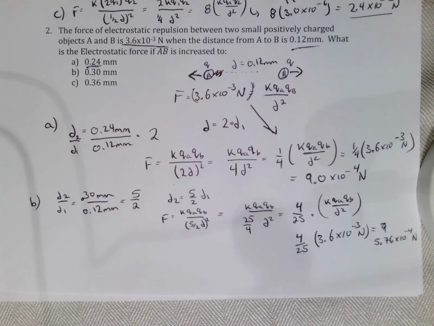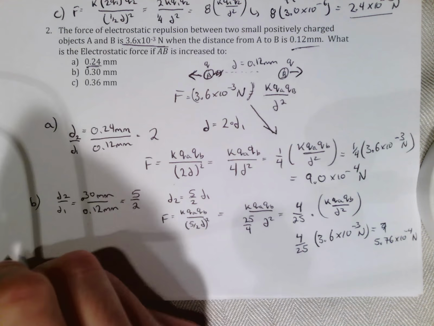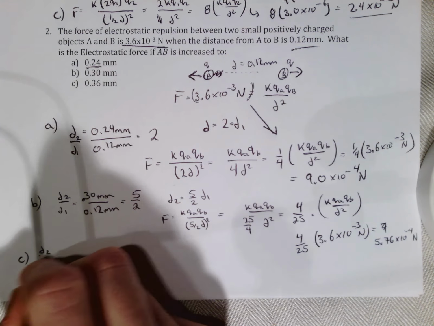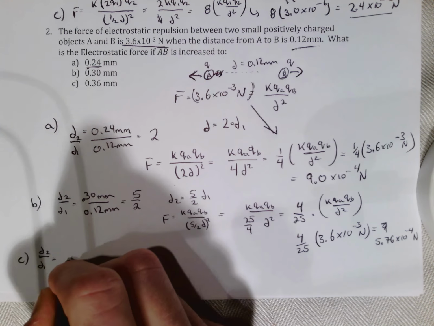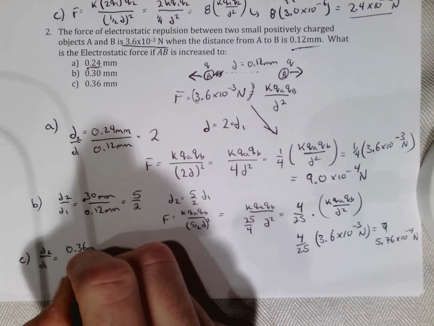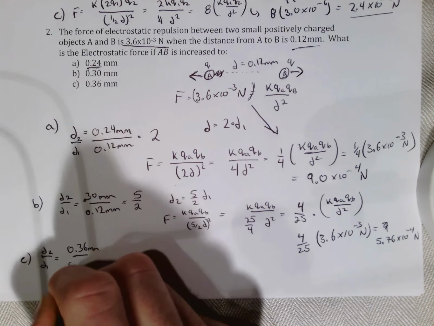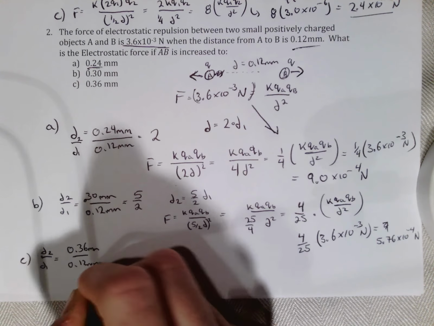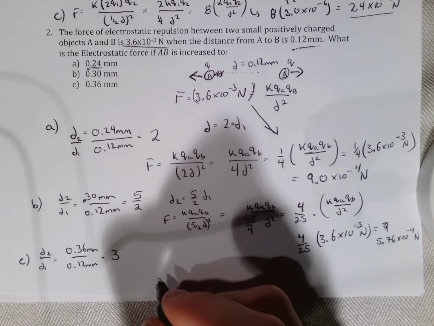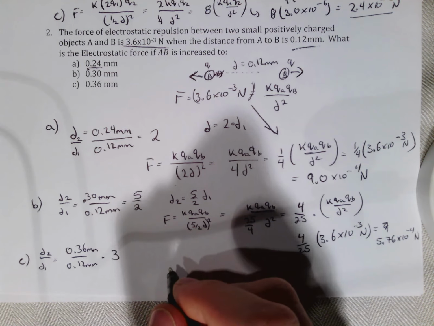And my last part here is part C. So my new distance, again, over my original distance. Well, my new distance is 0.36 millimeters, and my original was 0.12 millimeters. So this is an increase of 3 times. So it's 3 times larger, the distance.